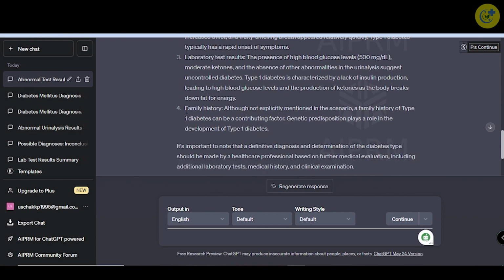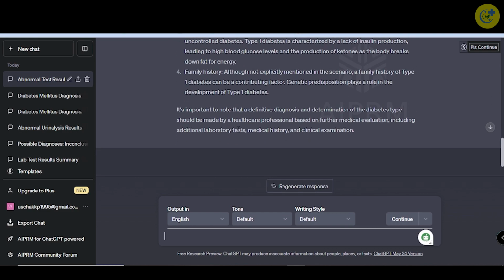Number 4, family history. Although not explicitly mentioned in the scenario, a family history of type 1 diabetes can be a contributing factor. Genetic predisposition plays a role in the development of type 1 diabetes.